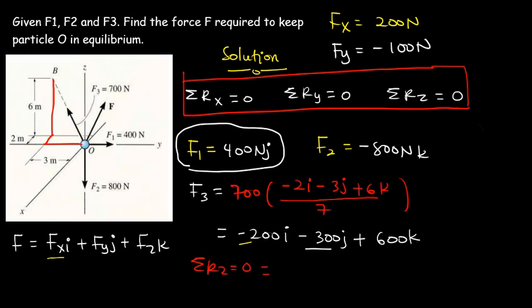For the forces in the z-axis direction, we have minus 800, and then we have 600 plus Fz, and this should be equal to 0. So from here, we are going to get Fz to be equal to 200 newtons.